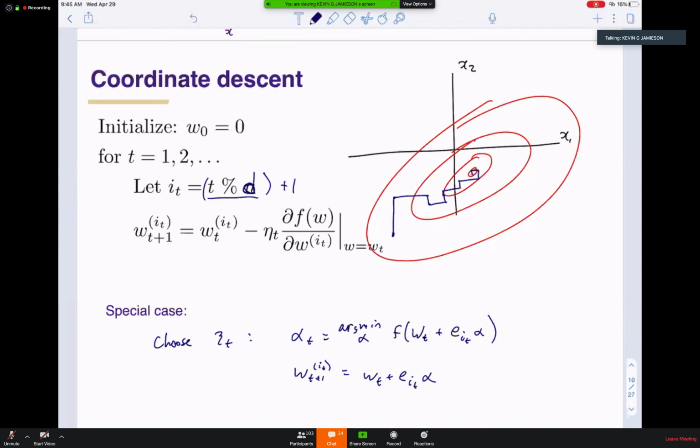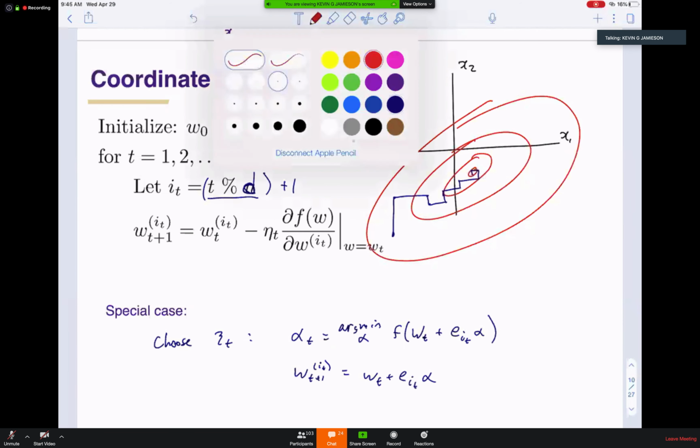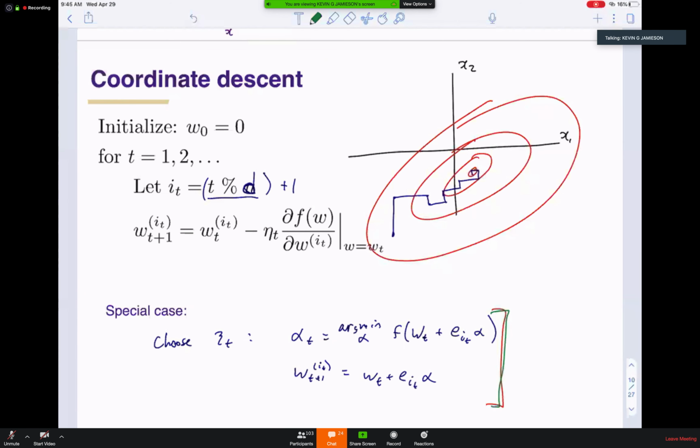Okay, and so what it's doing is picking that step size in the direction of the ith dimension to minimize that function. And so instead of just taking random steps, this special case will actually be minimizing the function. So if I start right here, I might go to here, and then here, and then here. This is a bad example because it doesn't look like it's converging faster, but it is. And it'll get to the minima a little faster.